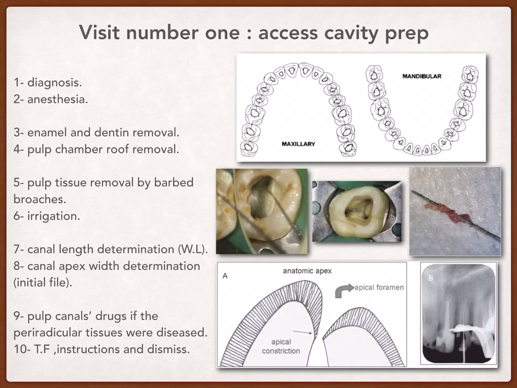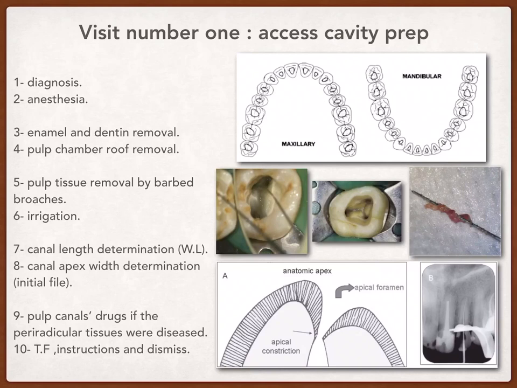So we should notice that dark shadow in the tooth, in the access cavity preparation, and we should see these connecting grooves that connect the root canal orifices. Okay, this is the correct preparation of the pulp chamber.